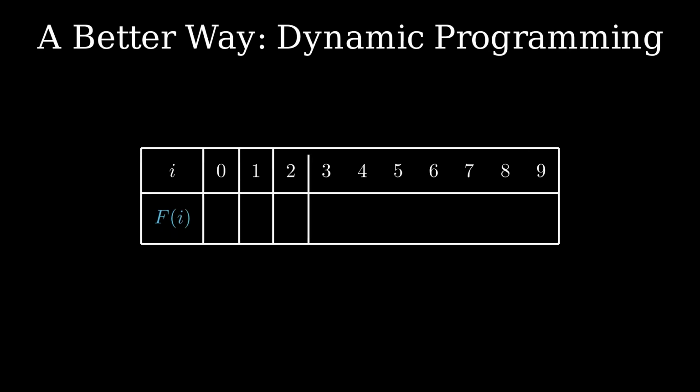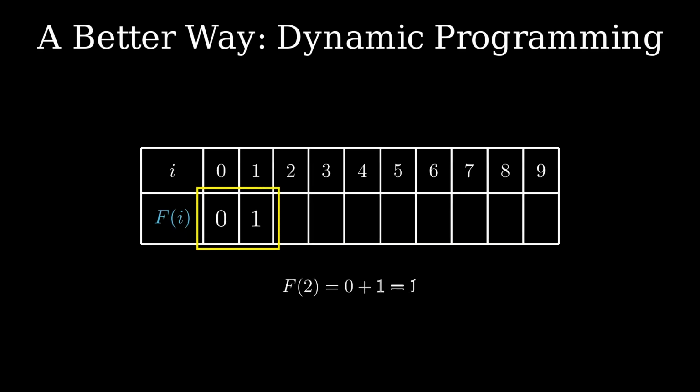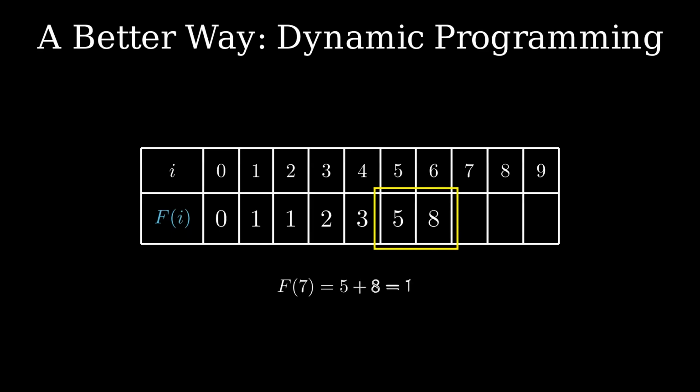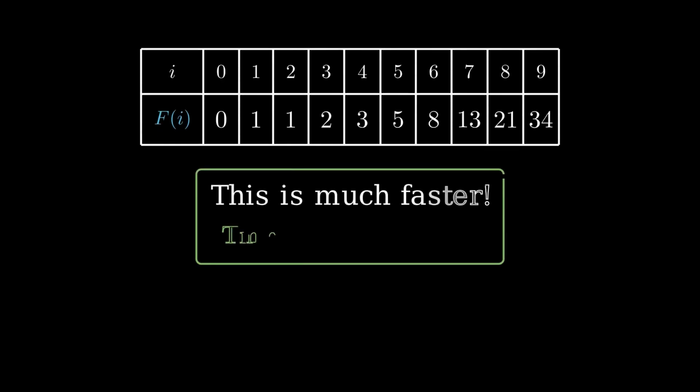We can store the results of our previous calculations in a DP table and use them to calculate the new numbers in our sequence. This is much faster because it only needs O(n) operations.